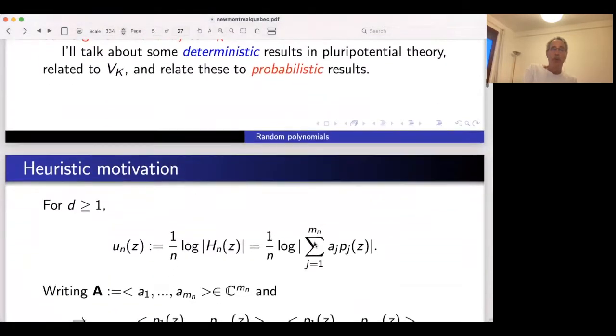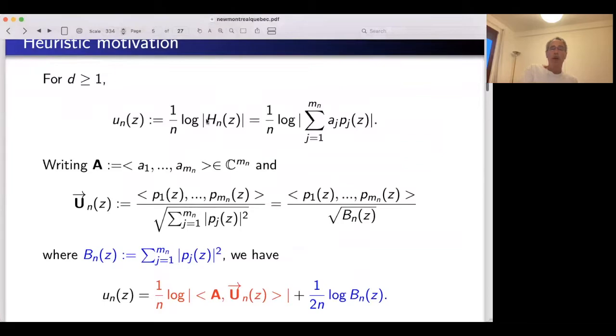So here's some motivation. If we take our random polynomial h sub n and form that random plurisubharmonic function u sub n, I consider this collection of coefficients, these random coefficients aj, as a random vector in C^(m sub n). Remember, little m sub n was the dimension of the space of polynomials of degree at most n.